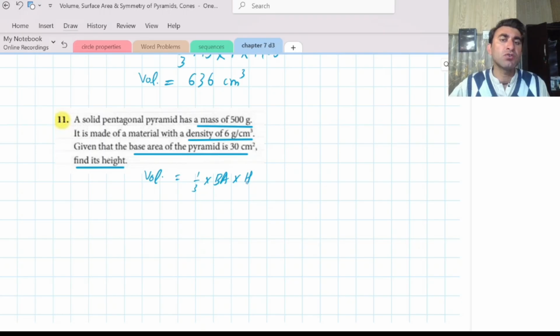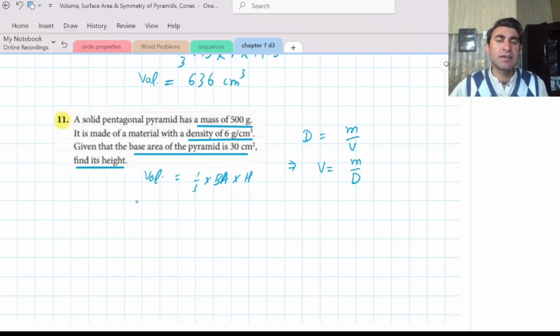So if we need to figure out the height, we must know the value of volume as well as the base area. We are already given the base area, which is 30, but we need volume. And as we are given mass and density, we know density equals mass divided by volume. If I need volume, I can rearrange it to write volume equals mass over density.